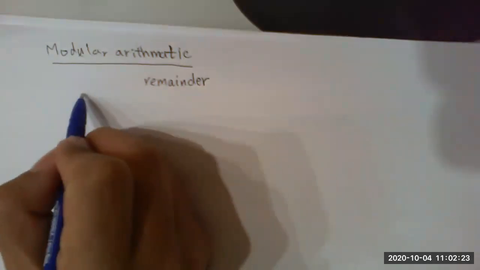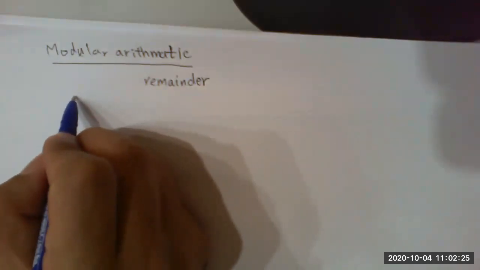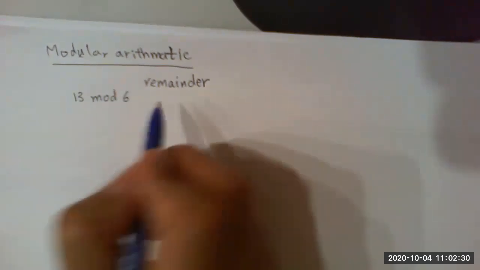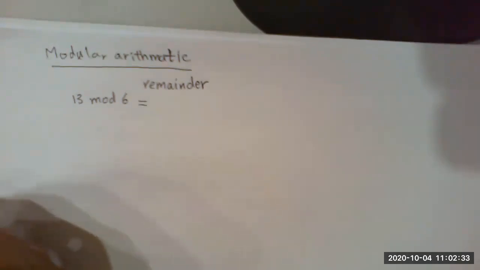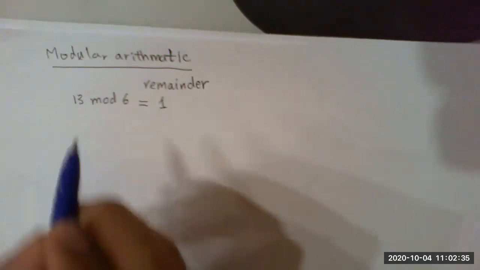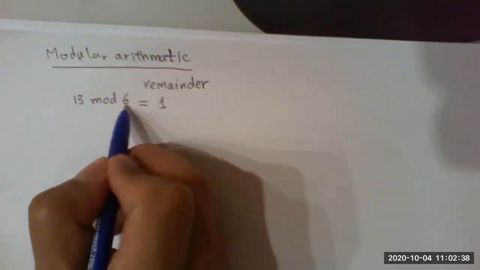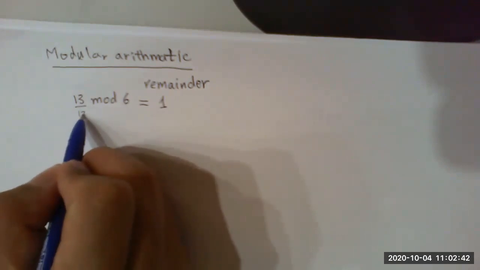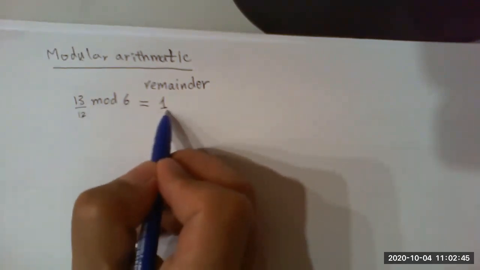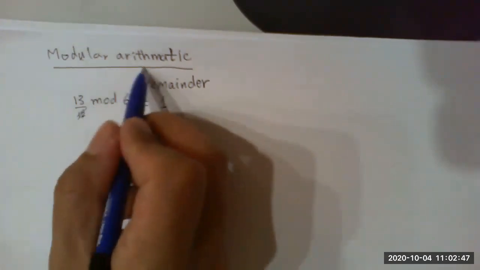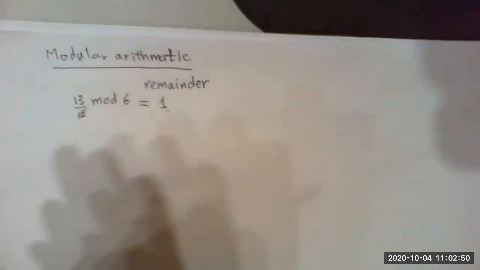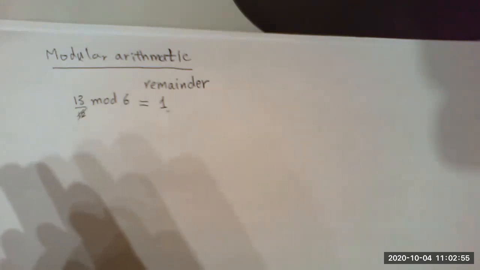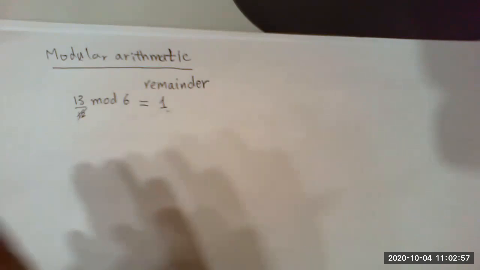For example, if I say 13 mod 6 equals 1, just because if I multiply 6 by 2 I get 12, and the difference between 12 and 13 is 1. So this is the remainder. In modular arithmetic, we don't care about the result. We just care about the remainders. Everything is about remainders. Nothing else, just remainders.